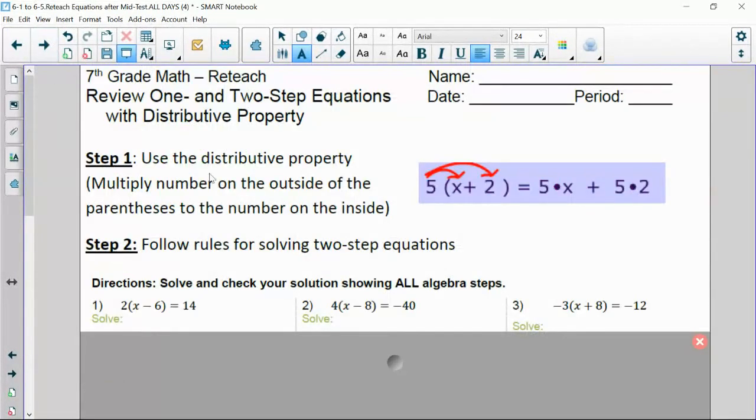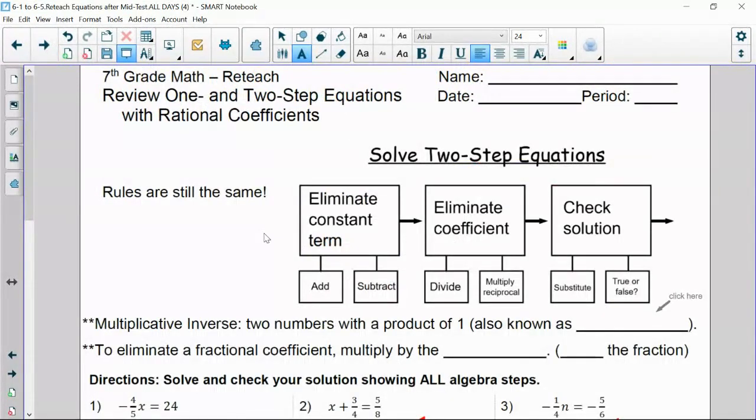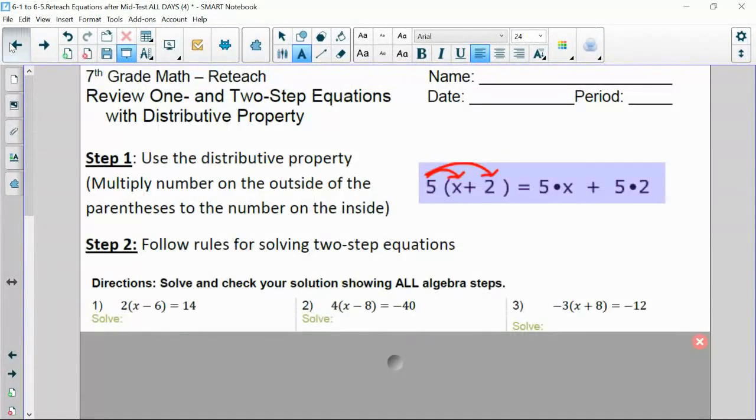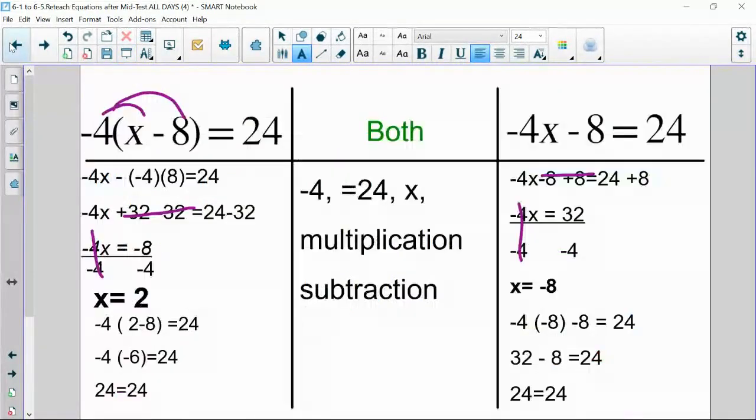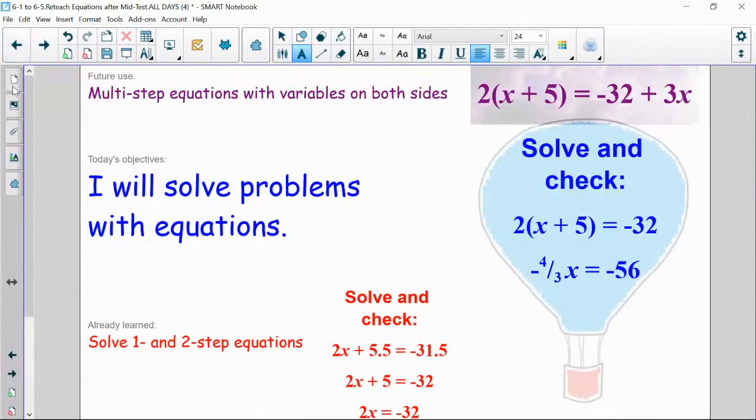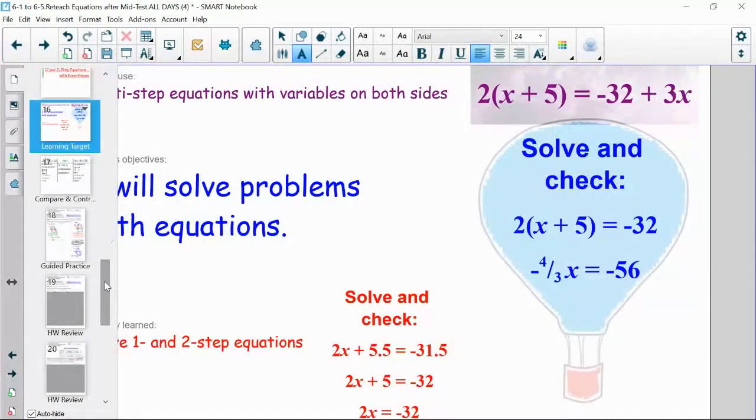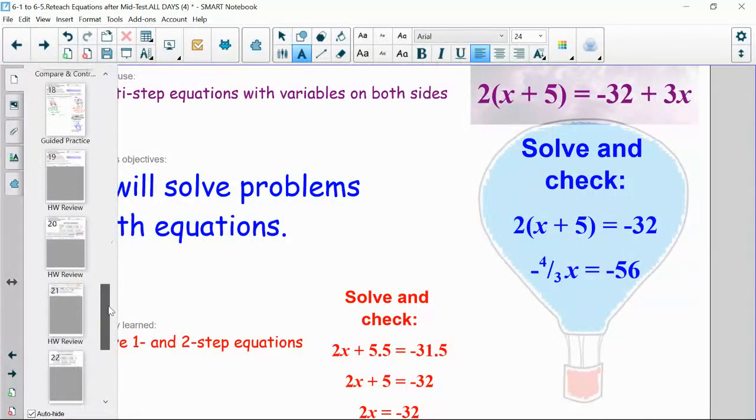Then you have the next side that is an all review. Where'd that one go? There's one with the all review. So you have actual 2 pages to do today.